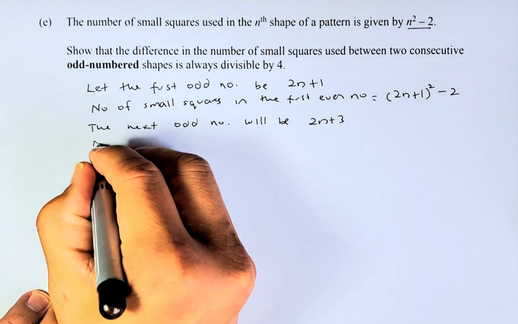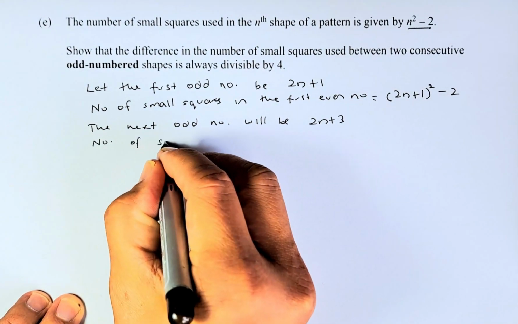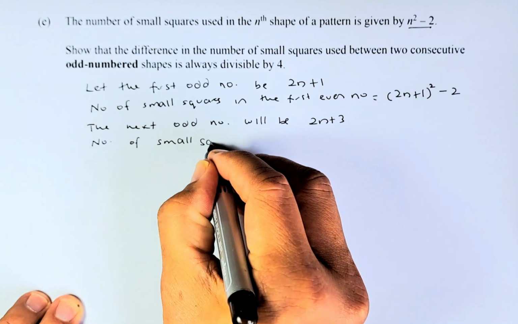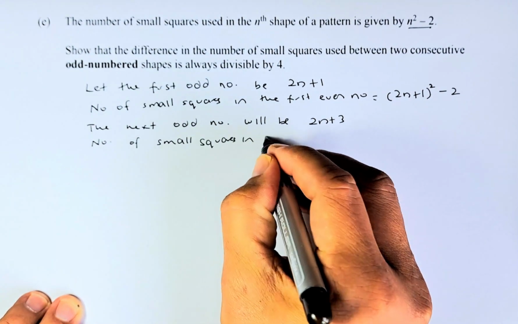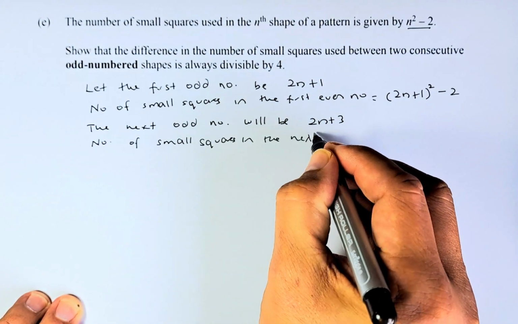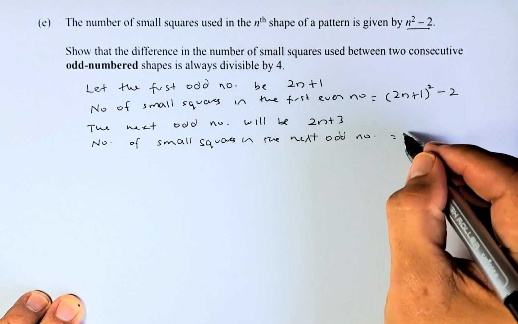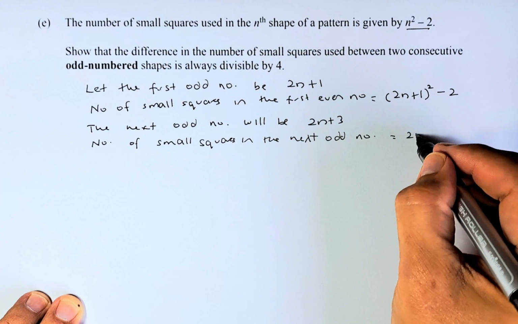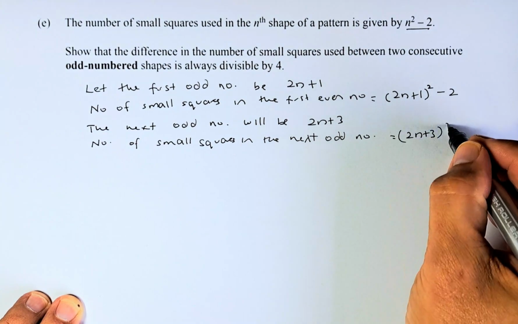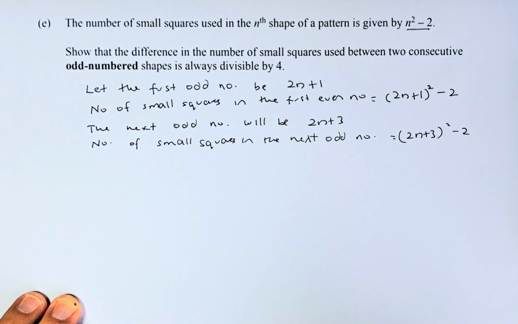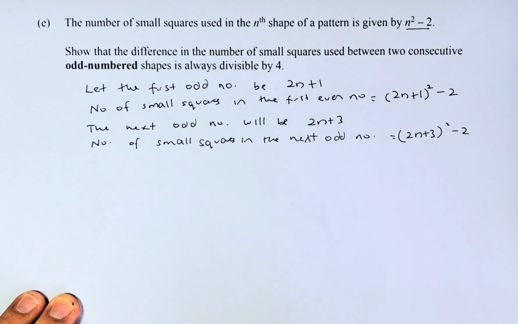So the number of small squares in the next odd number is going to be, using this formula again, 2n plus 3 squared minus 2. So we have two equations now, and we want the difference in the number of small squares used between two consecutive odd numbers.